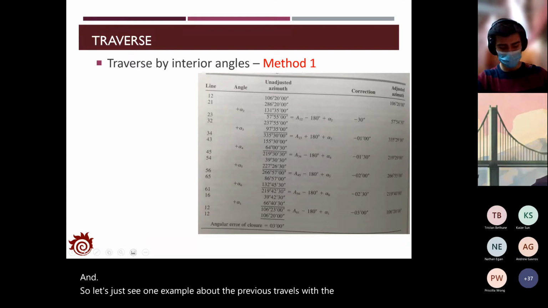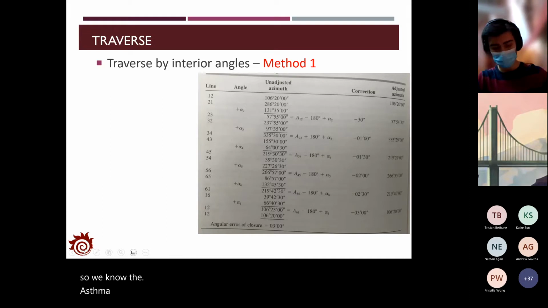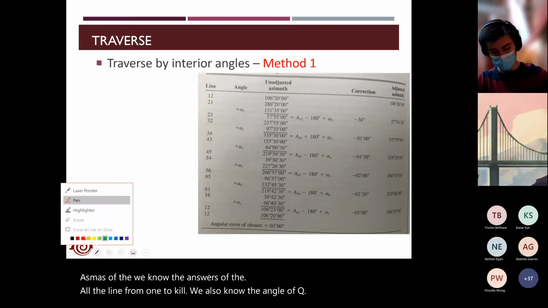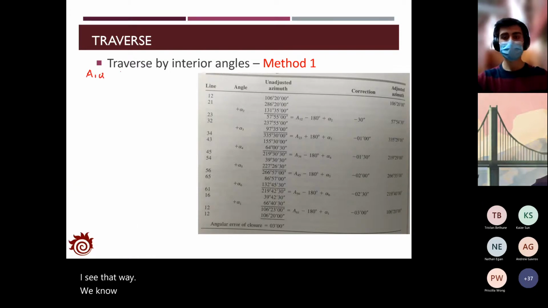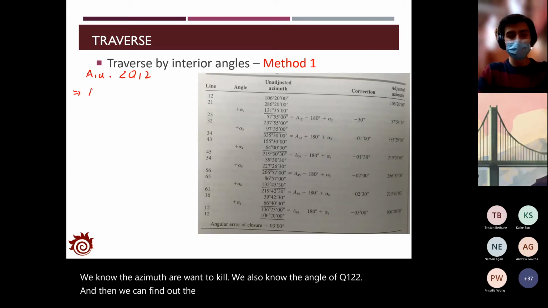So we know the azimuth of the line from 1 to Q. We also know the angle of Q1 to 2. And then we can find out the azimuth of 1 to 2.